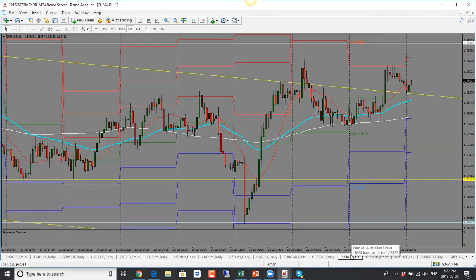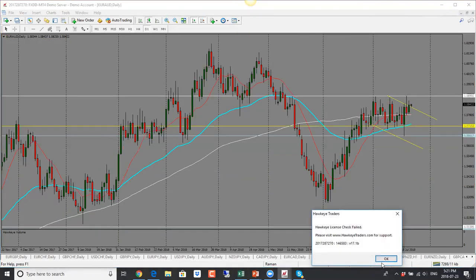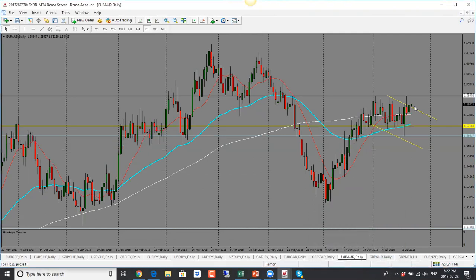Euro Aussie here. Euro Aussie is looking bullish. So this is range bound here as well. Today's candle close is bullish, but we had this large pin bar. So price could go test the high, and if it does that, then we could get an opportunity to look for a potential short, because this is kind of range bound here as well.